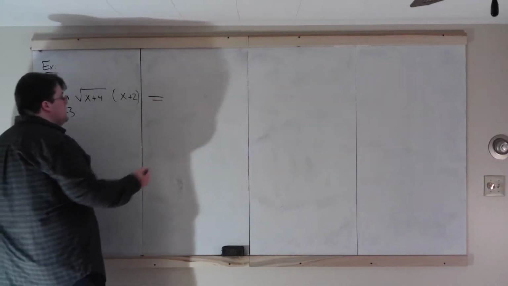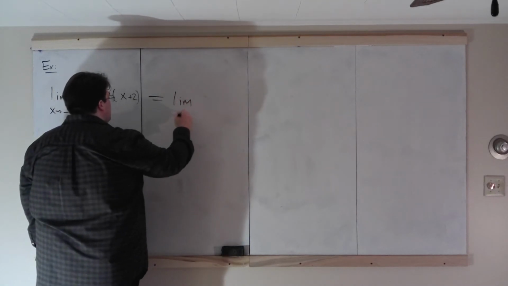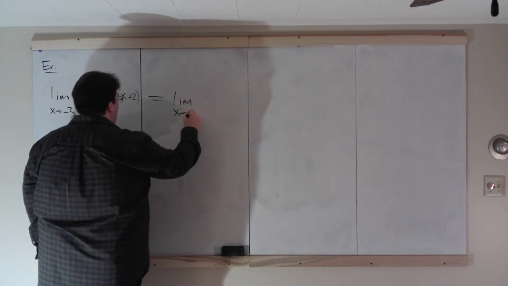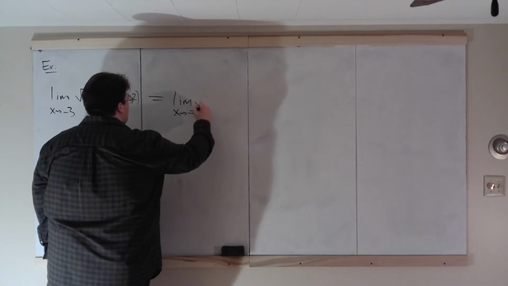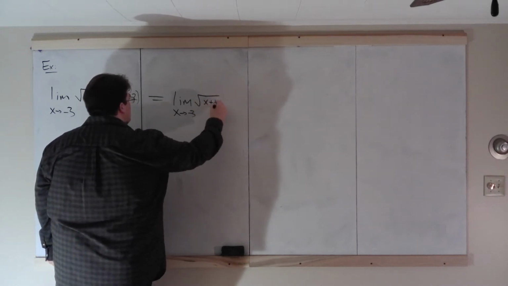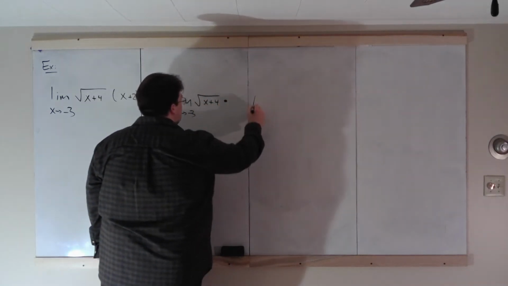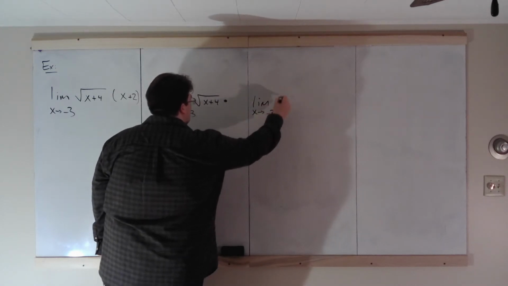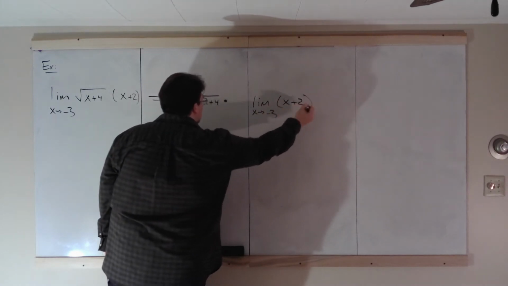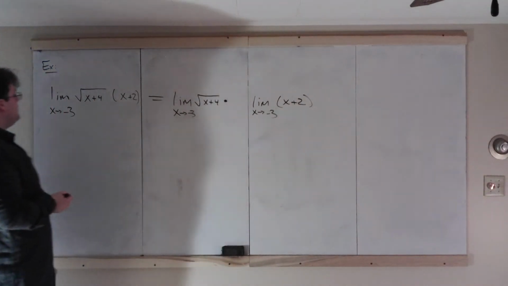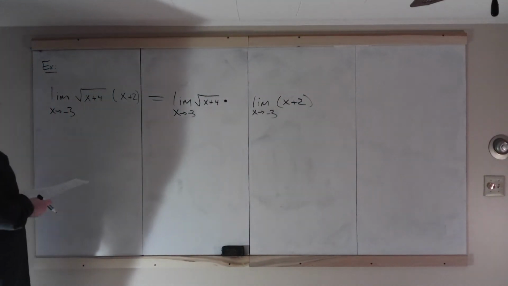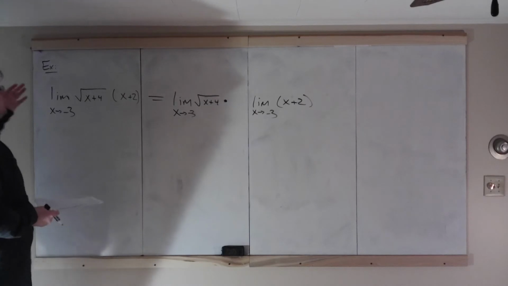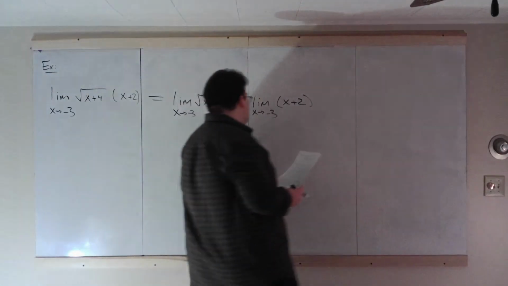To compute the limit of a product, we can split it into the product of the limits. So we have the limit as x approaches -3 of this product equals the product of those limits.